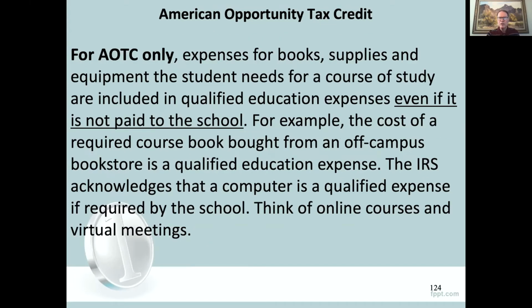Now, for the American Opportunity Credit, expenses for books, supplies, and equipment that the student needs for a course are included in the qualified education expenses, even if it is not paid to the school. Some schools have some weird accounting procedure set up. It could be the cost of a required course book is bought from an off-campus bookstore. Well, that's a qualified education expense.